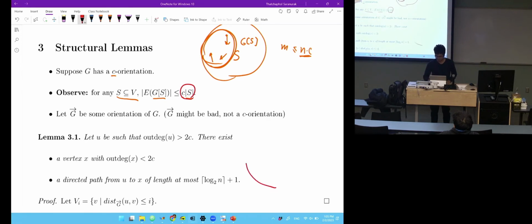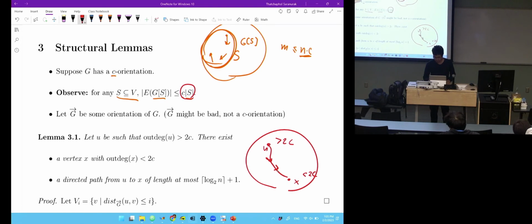You have u, and this guy has large out degree, more than 2C. This is x here, whose out degree is strictly less than 2C. And there is a directed path here from u to x that is short, at most log n. That's the claim. So why is this the case?